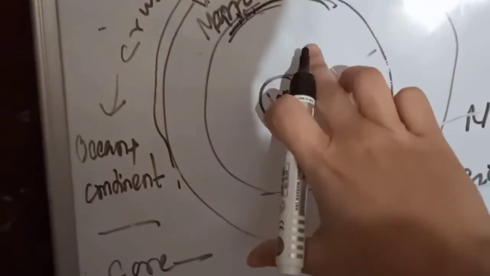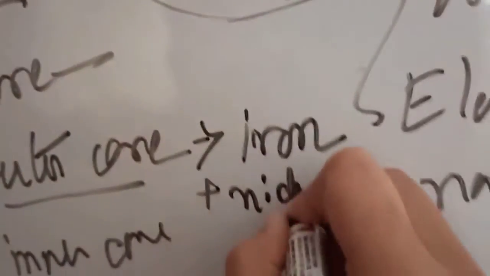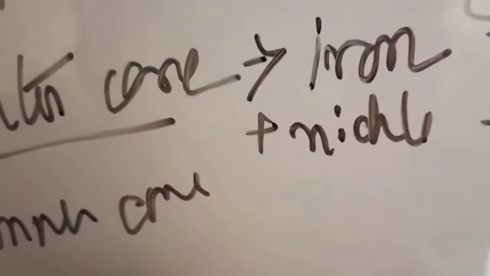The outer core is made up of two minerals, iron and nickel, and the inner core is also made up of iron and nickel.